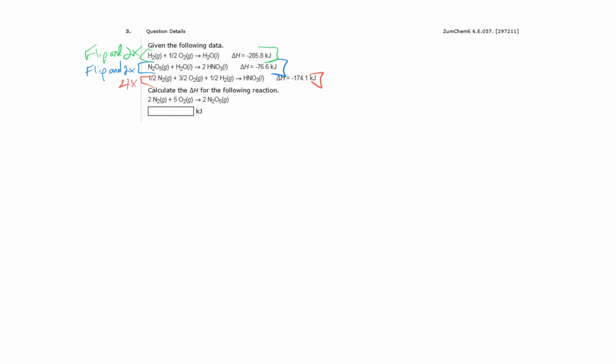Let's rewrite each of the reactions after doing what we had listed: flipping and doubling, and quadrupling each of them. If you flip and double a reaction, that means the sign of delta H needs to be flipped around.